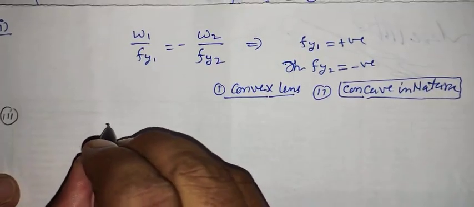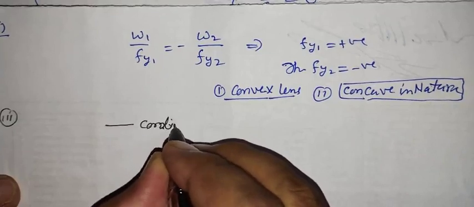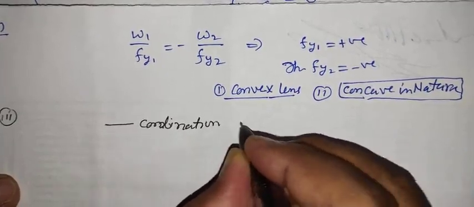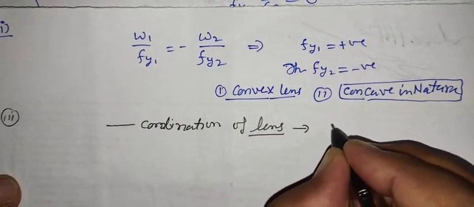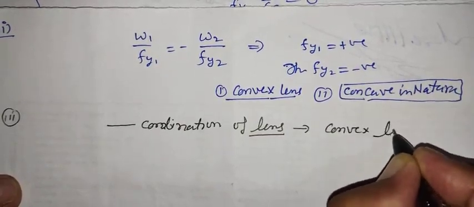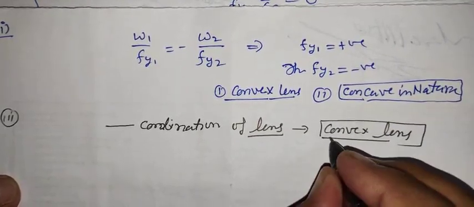And for the combination of lenses, if you want a convex lens, a real image is formed by the convex lens.